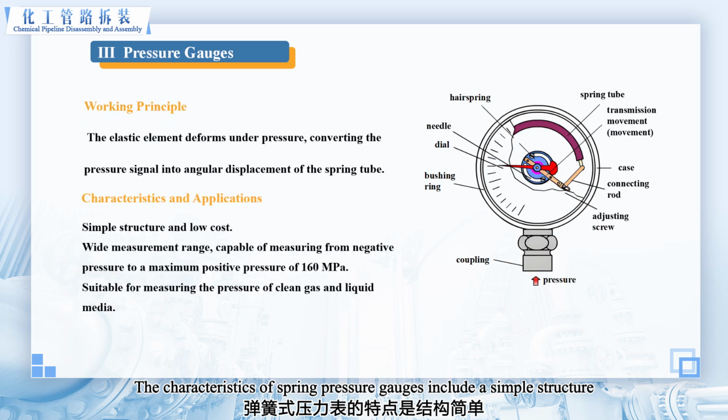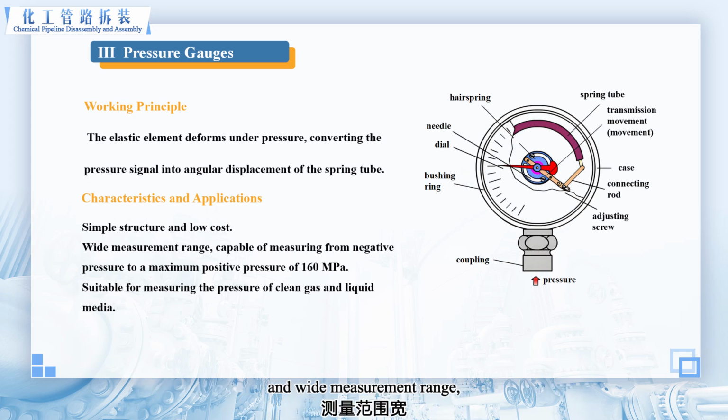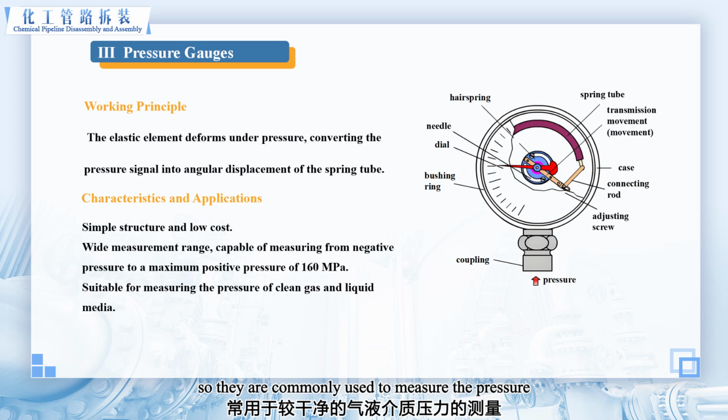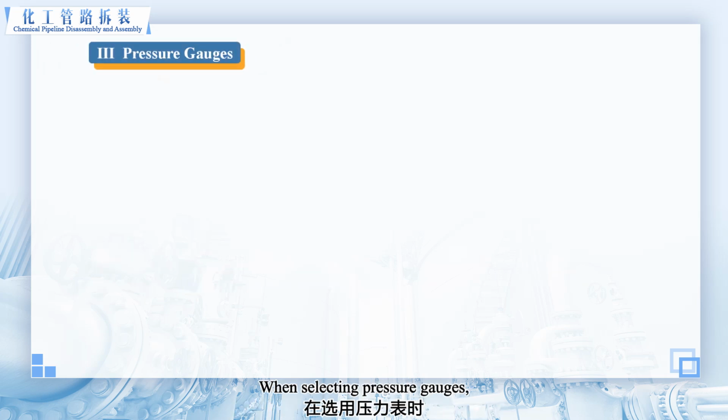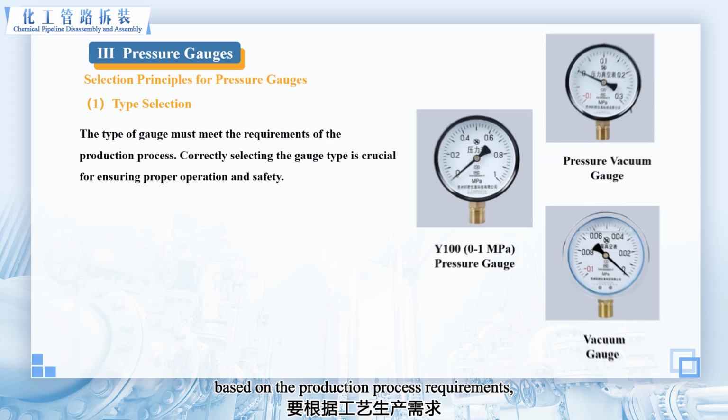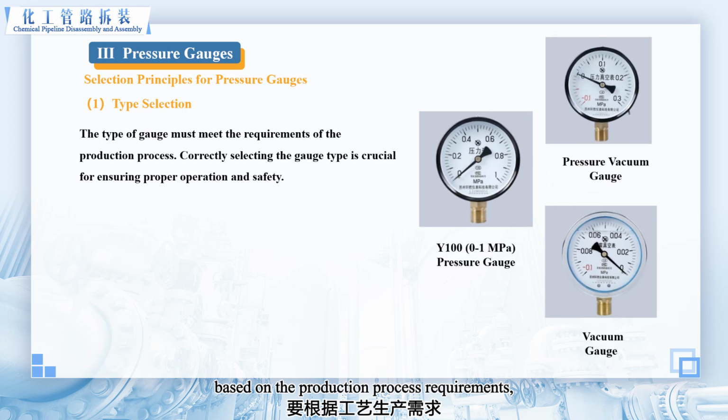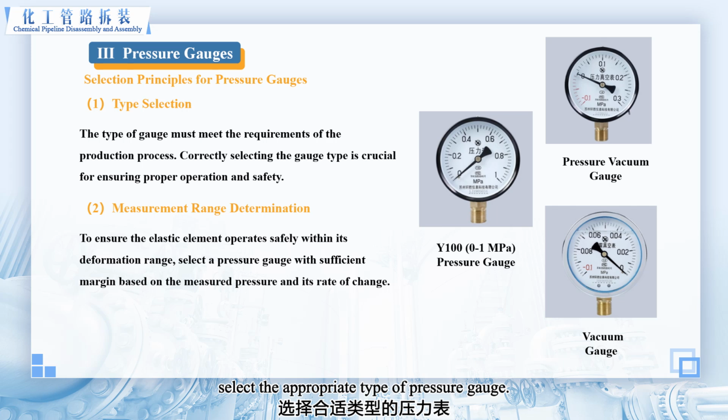The characteristics of spring pressure gauges include a simple structure and wide measurement range, so they are commonly used to measure the pressure of clean gas and liquid media. When selecting pressure gauges, based on the production process requirements, select the appropriate type of pressure gauge. At the same time, determine the appropriate range based on actual needs.